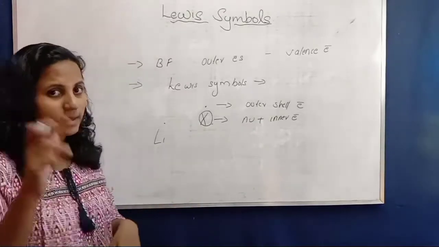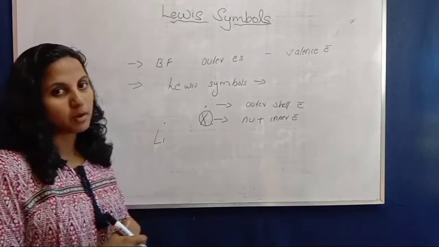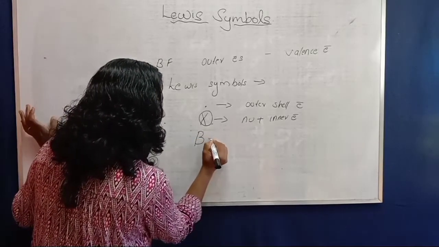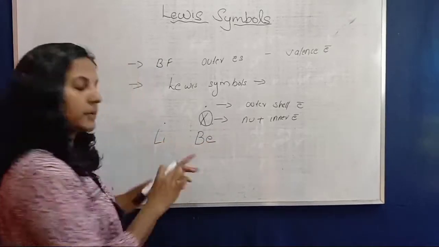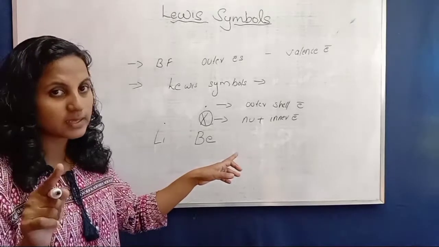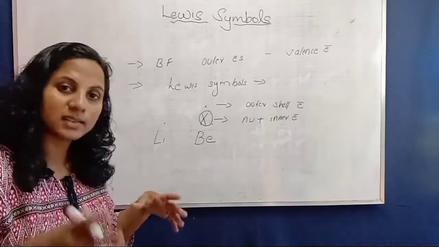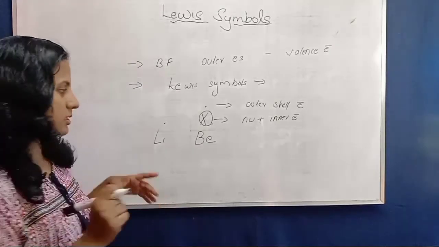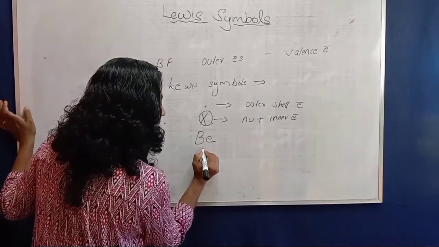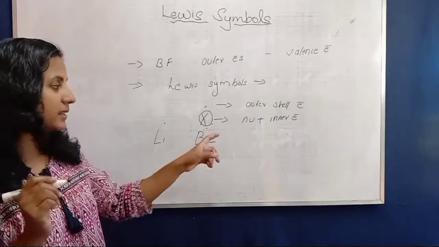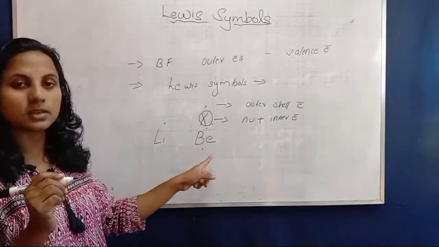Now I think you can write the Lewis symbol for beryllium. Be represents the nucleus plus the inner electrons, and the valence electrons are represented as dots. How many valence electrons does beryllium have? Two valence electrons, and these two are written like this.